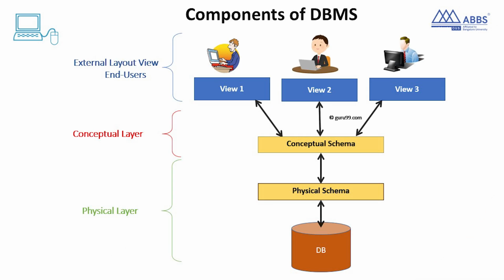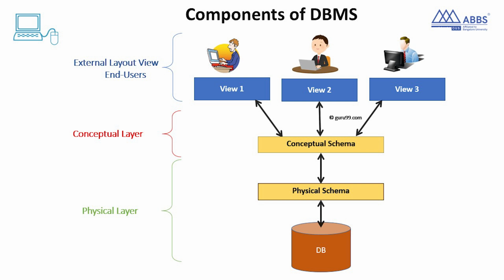Now, when you look at this particular diagram, you understand that there are three layers which we were trying to understand as the three-tier architecture. In the first level, there is the database, a physical schema and a conceptual schema, and then view 1, view 2, view 3 for different users. The first layer is the physical layer where a lot of data storage activities occur.